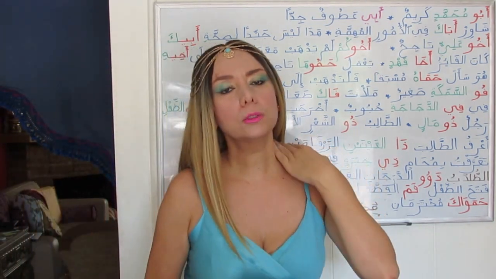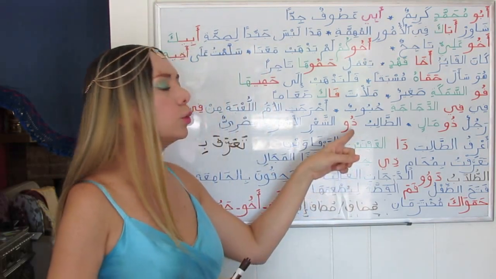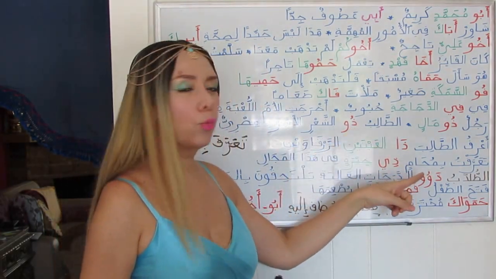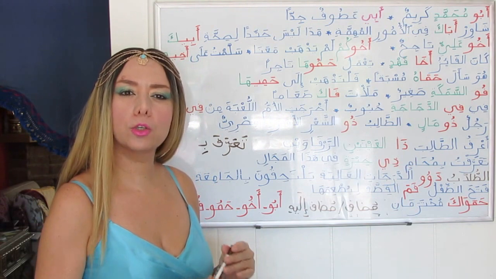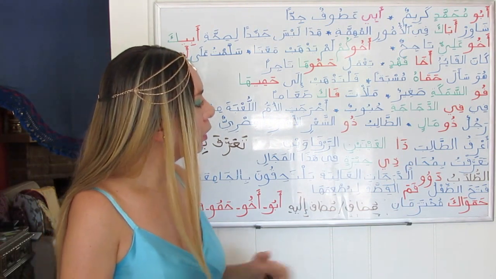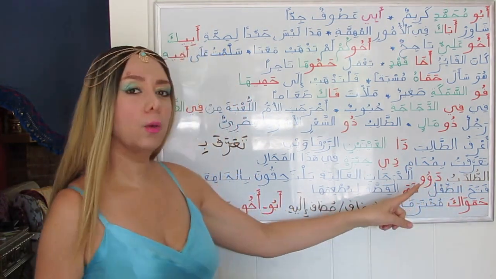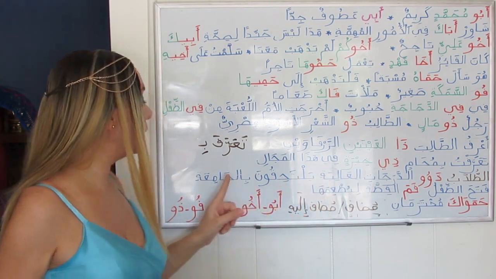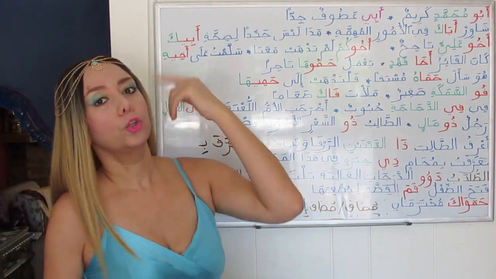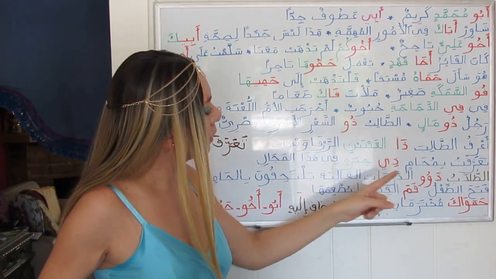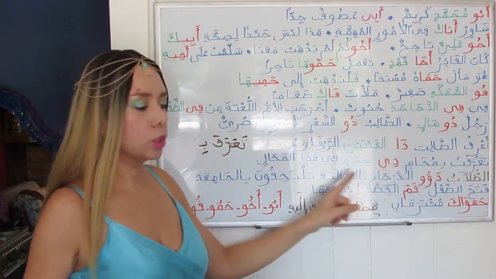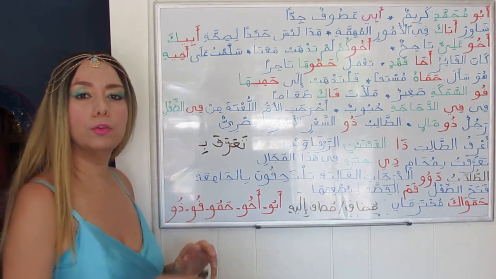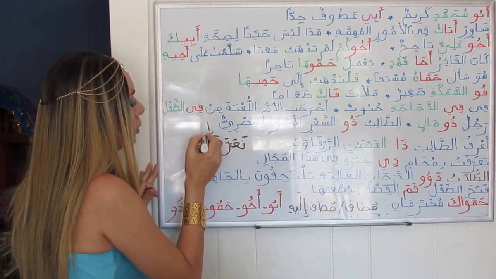What about the plural of ذو? ذوو is the masculine plural of ذو. الطلاب ذوو الدرجات العالية يلتحقون بالجامعة. The students with high grades join the university. التحق, to join.